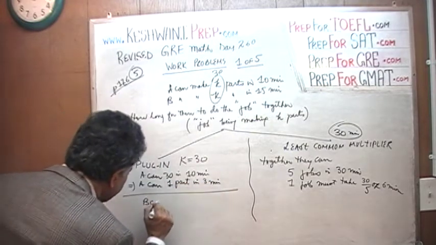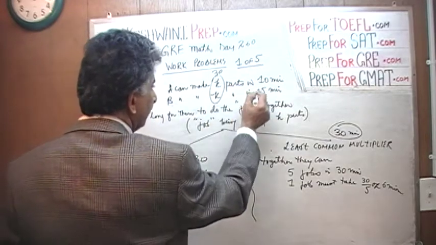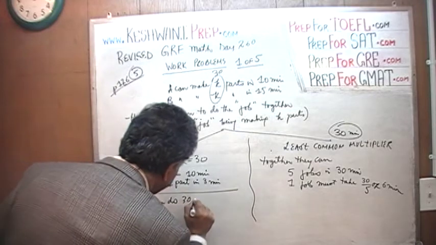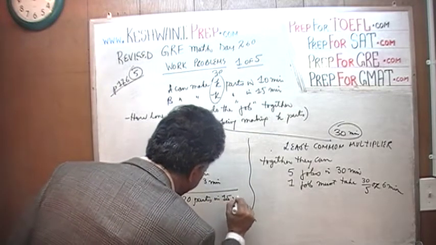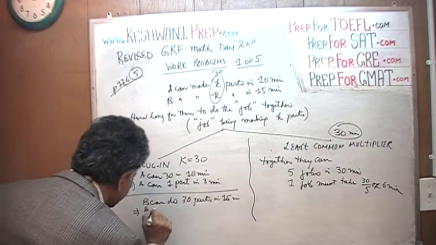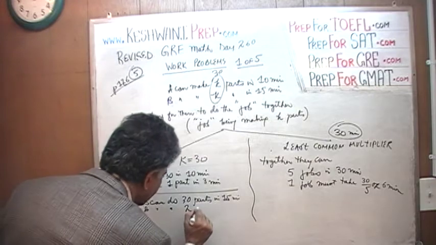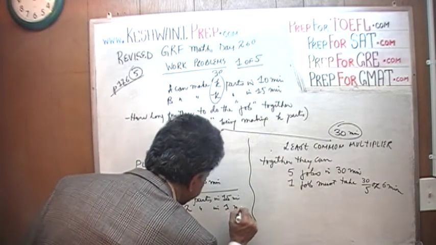Similarly, B can do, again k is equal to 30 parts in 15 minutes. Well, that implies that B must be able to do 2 parts in 1 minute.